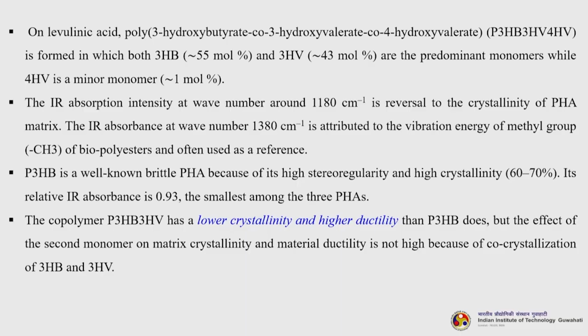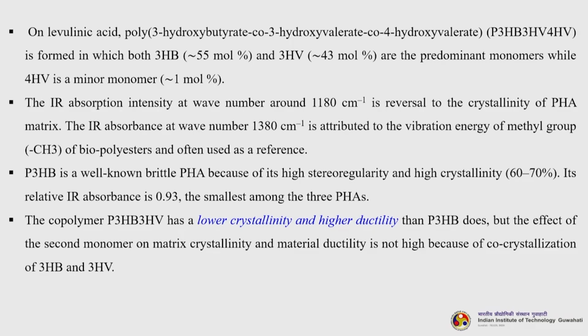The IR absorption intensity at wave number around 1180 centimeter inverse is related to the crystallinity of the PHA matrix. The IR absorbance at wave number 1380 centimeter inverse is attributed to the vibration energy of the methyl group of biopolyesters and is often used as a reference. P3HB is a well known brittle PHA because of its high stereo regularity and high crystallinity, almost 60 to 70%.